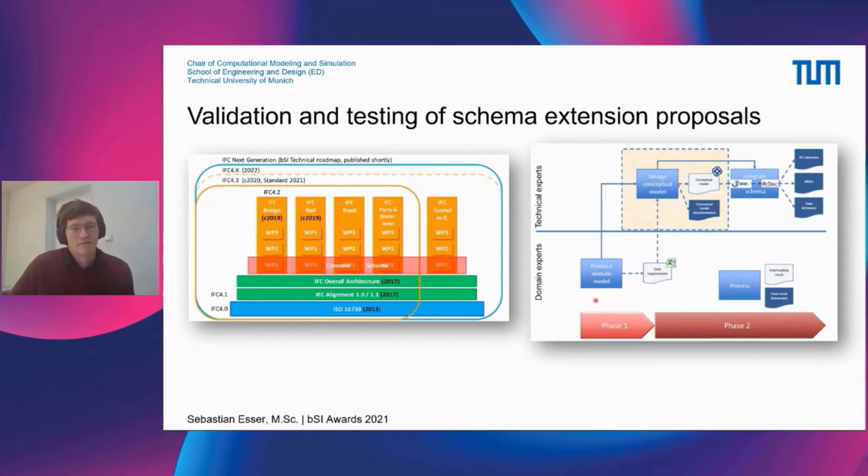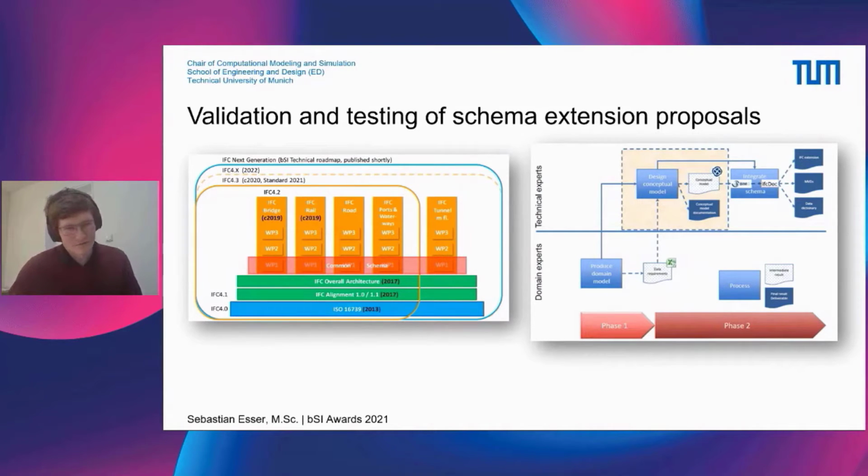And by producing the domain requirements reports, phase 2 was kicked off, and what happened in phase 2 was in most cases that a conceptual model was designed, and as an outcome we had something like an IFC extension, or more precisely a proposal on how to change the IFC schema in order to support that particular domain better.